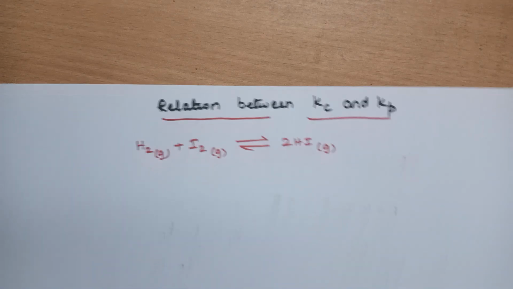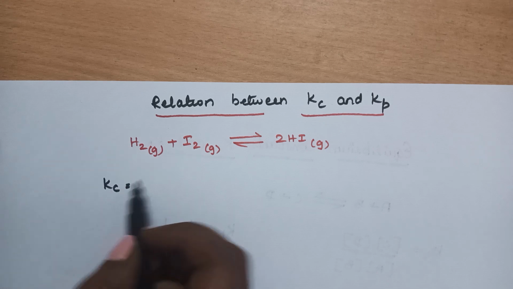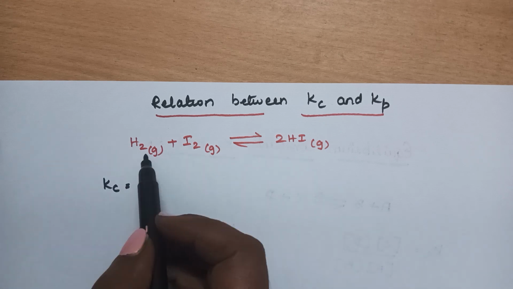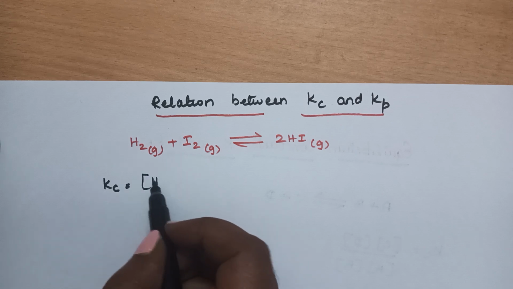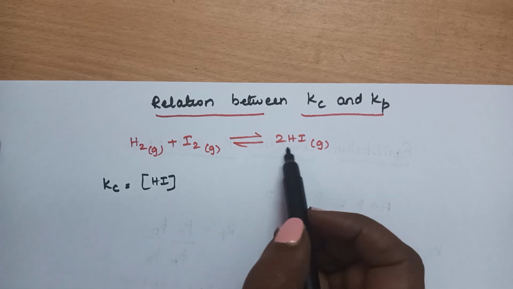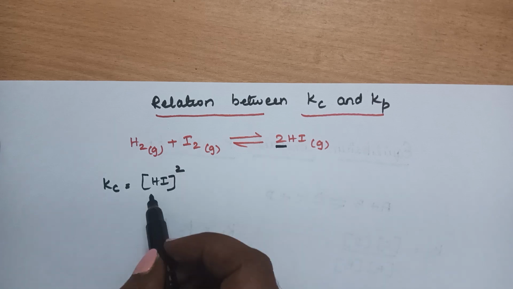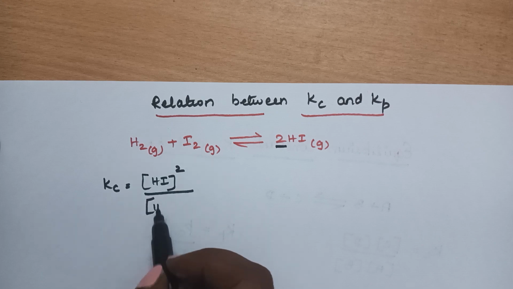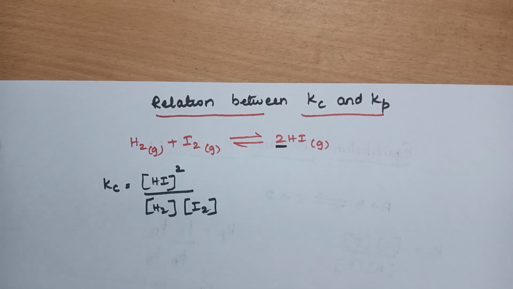Write the expression for Kc and Kp for this. Kc is equal to the product concentration divided by the concentration of the reactant. So HI, with the stoichiometric coefficient written as a power, square, divided by the reactant concentrations H2 I2.